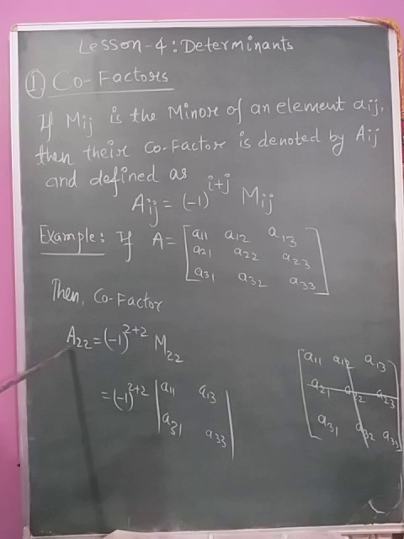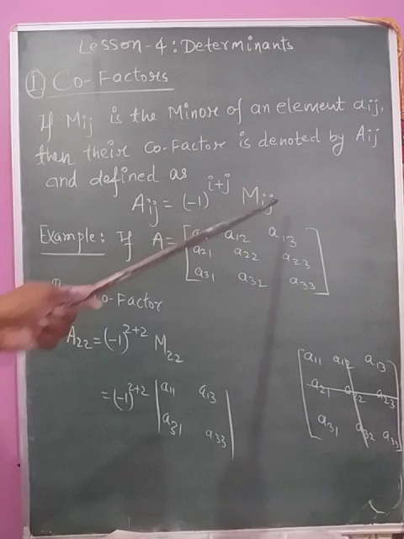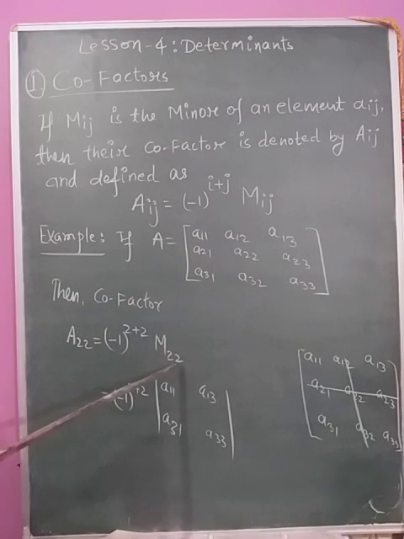So A22 is equal to minus 1 to power 2 plus 2 and here capital M22, because i is 2 and j is 2. So by definition, minus 1 to power 2 plus 2 M22, since minor M22 means delete second row and second column.